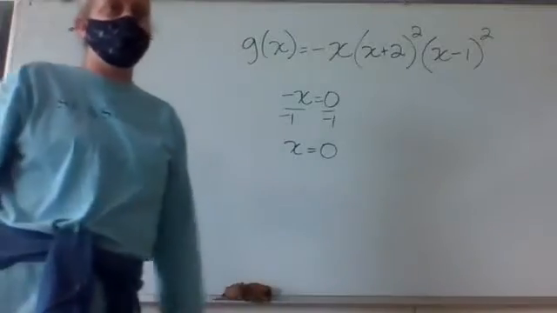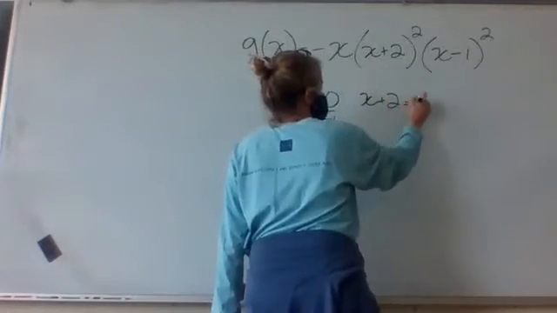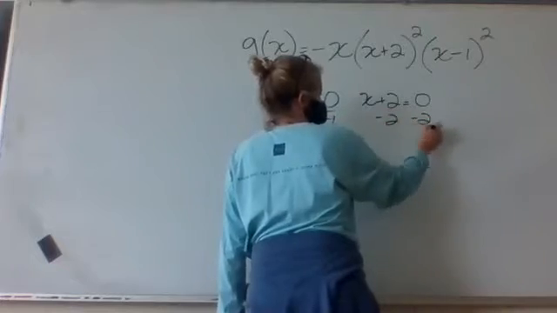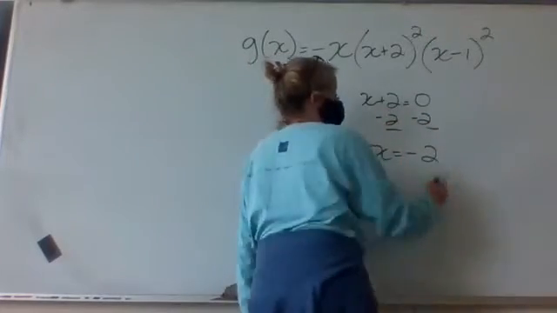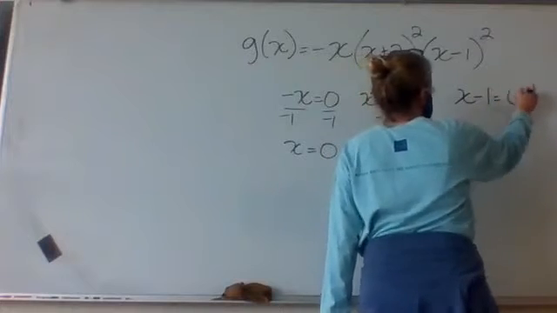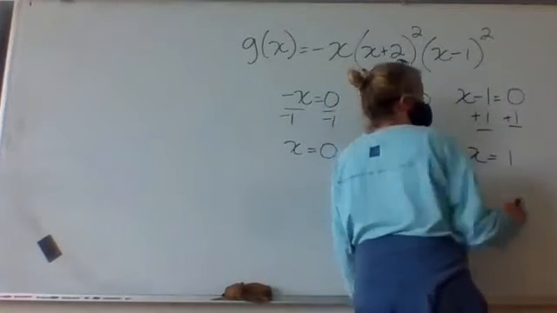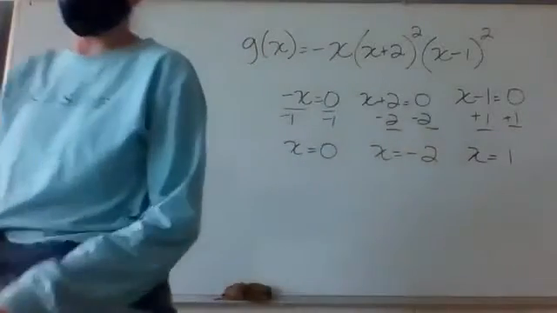So there's going to be an x-intercept at 0. There's also going to be one at -2. And this last factor, when I add the 1 to both sides, there's also going to be an x-intercept at +1.